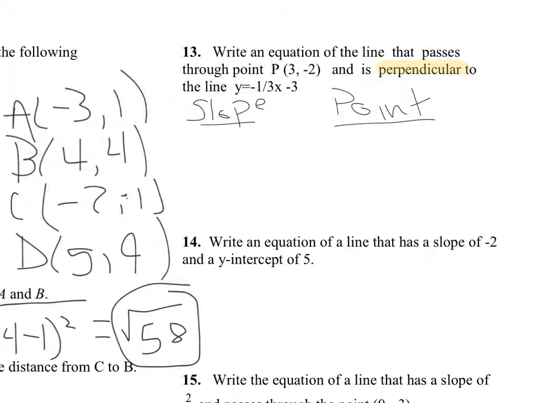Now, if I have a slope of -1/3, what would be perpendicular to that? Right. You got to flip it and change the sign. 3/1, positive. There's your slope. The point is (3, -2).